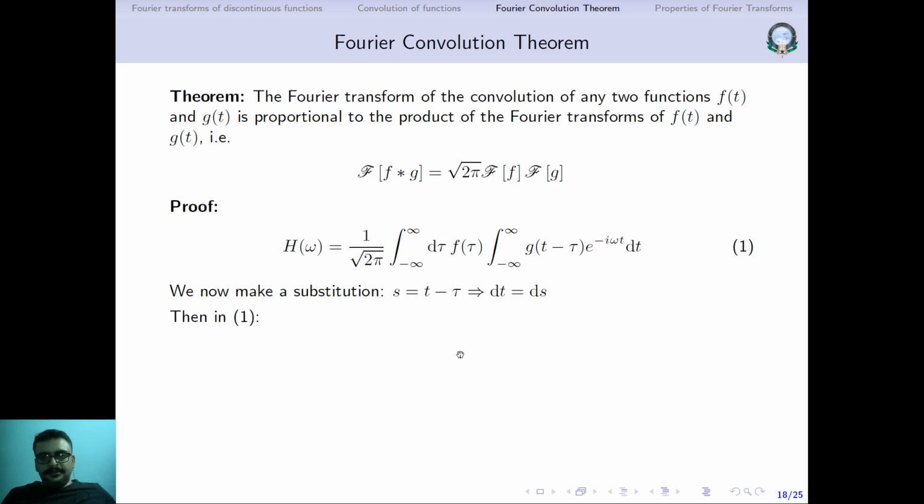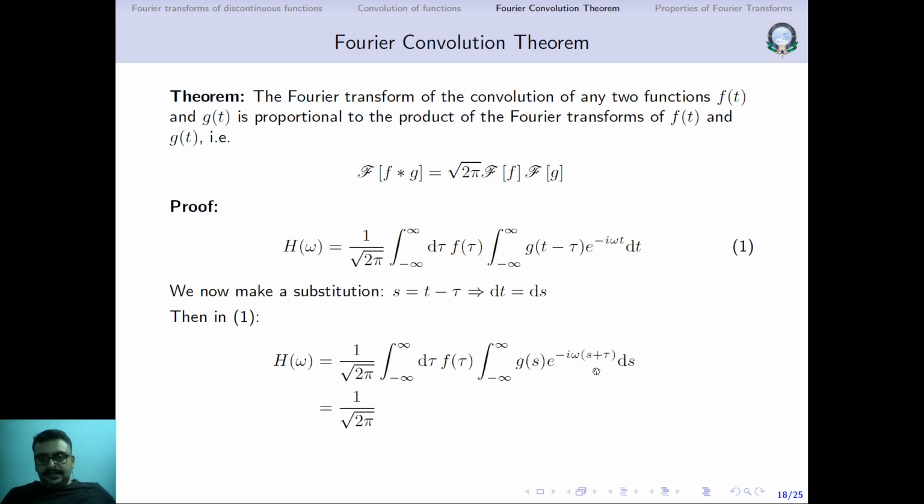In equation number 1, because I'm making the substitution t minus tau, and when I take the differential, because t and tau are independent of each other, taking the differential of t is the same as taking the differential of s, because with respect to this integration tau is a constant. So that's why dt is equal to ds. So I make the substitution here: g as a function of s, e to the power minus i omega times t, where t is equal to s plus tau, we write down over here.